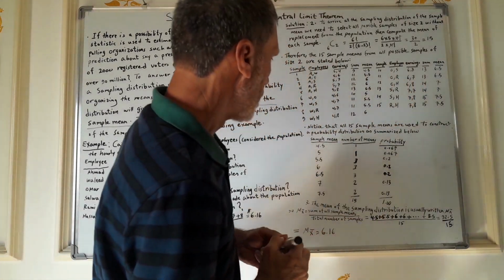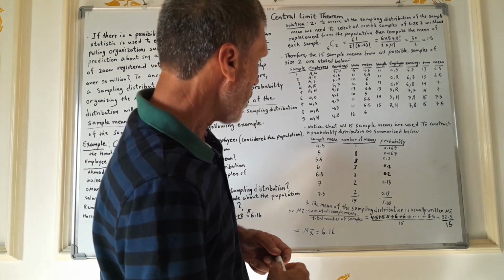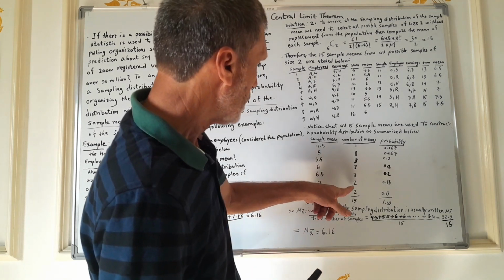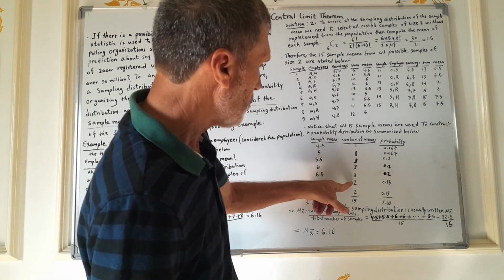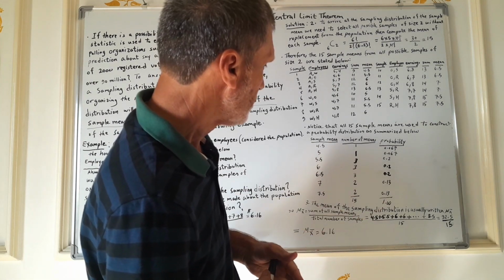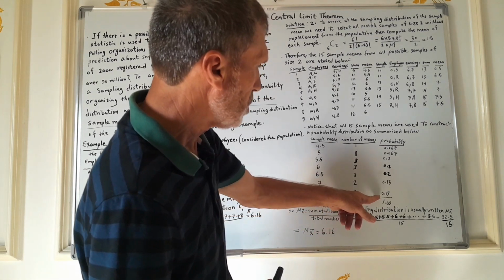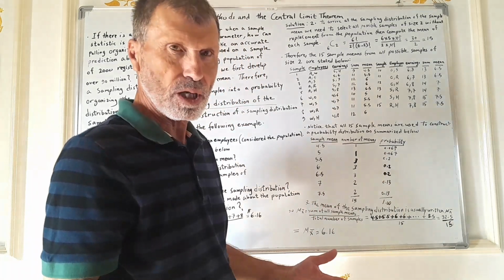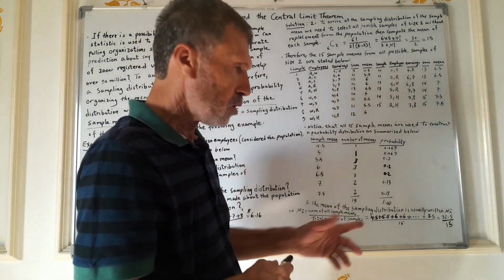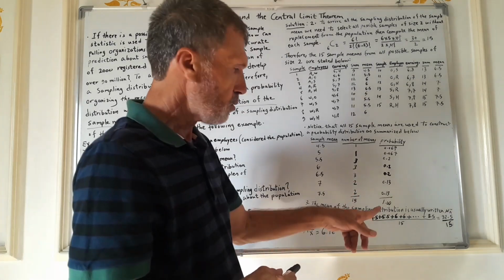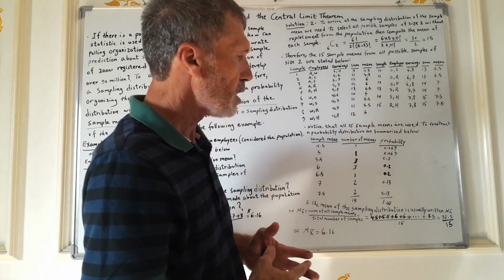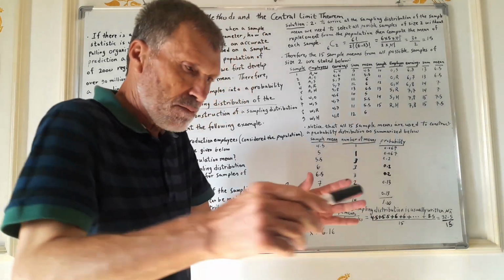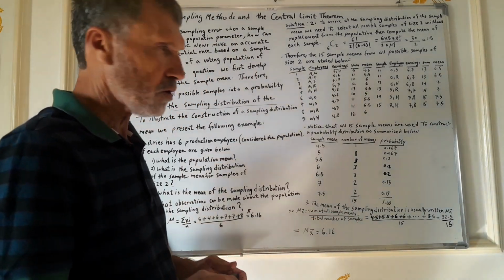Now, what about 2? 2 over 15, we come up with 0.13. 2 over 15, 0.13. If we sum all of the probabilities, you have to come up with 100% or about 1. This is the total probability. So the sum of probabilities is equal to 1, of course.